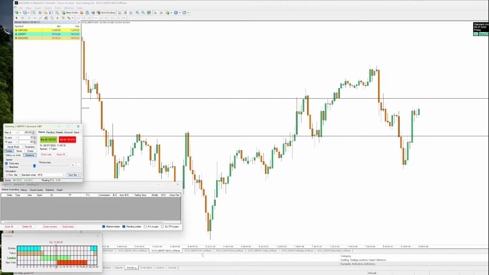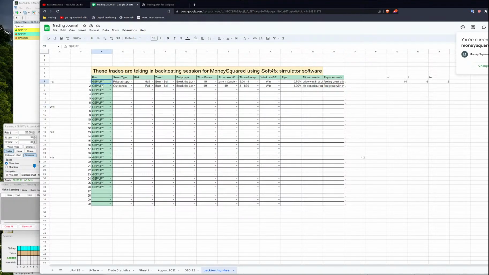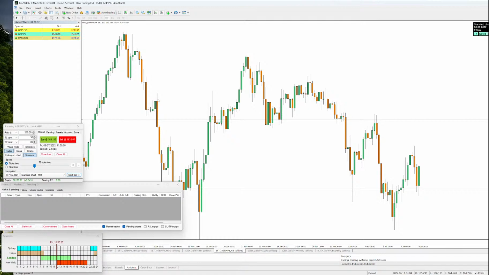Overall, the ideas throughout this week were correct, but the backtesting session was very poor, and I really am sorry for this. It shows that we have only 2 trades here. So yeah, we're gonna do better next week potentially, and we're gonna start from the second week of July.